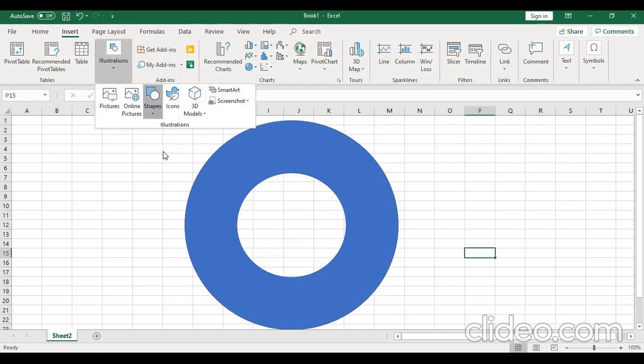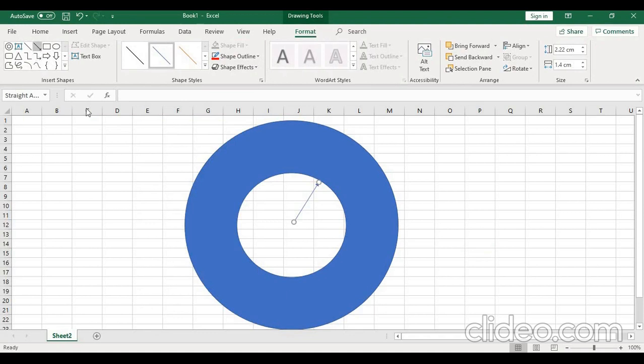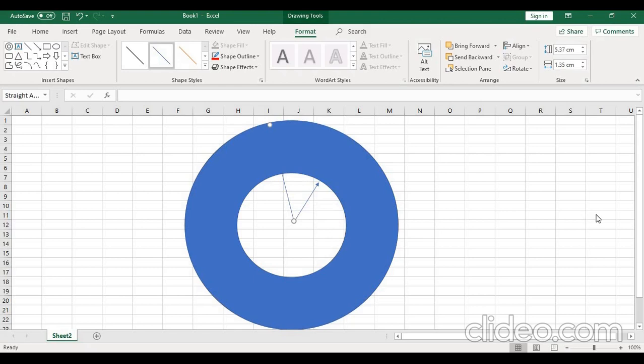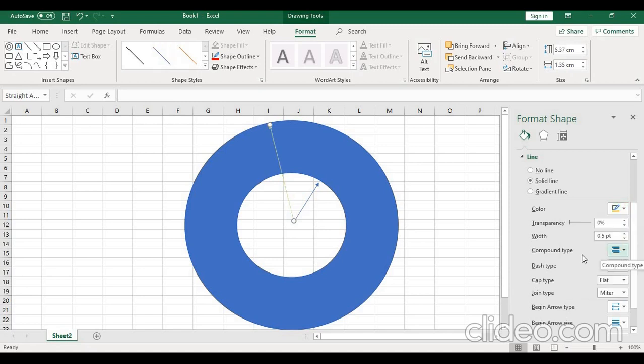Let me just mark arrows to show the radius. This is the inner radius, and you have the outer radius. Let me just change the color of that format. Let me give something like yellow.